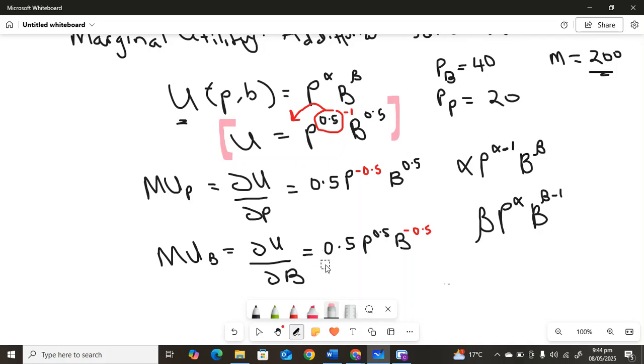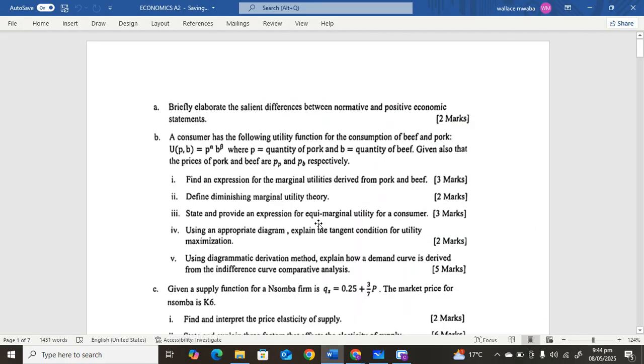Oh, okay. So we're looking at this question here. In this question, I've added some numbers so that we get the proper concept.